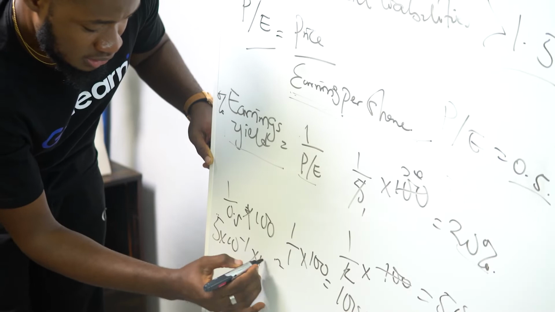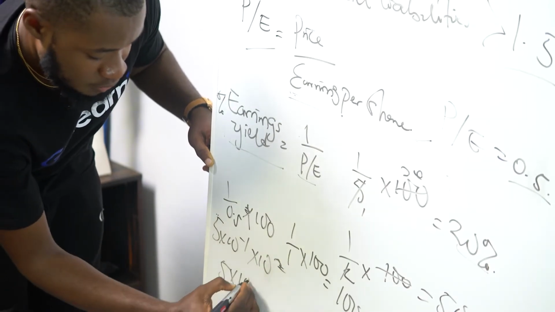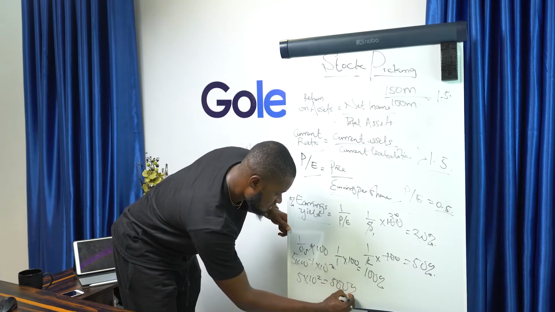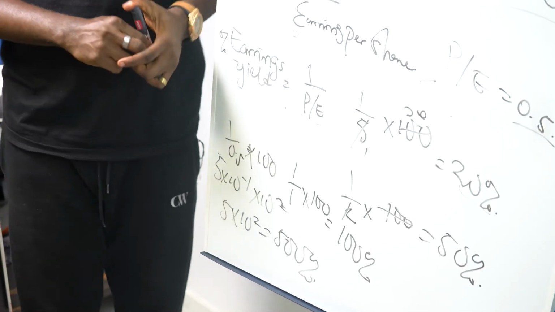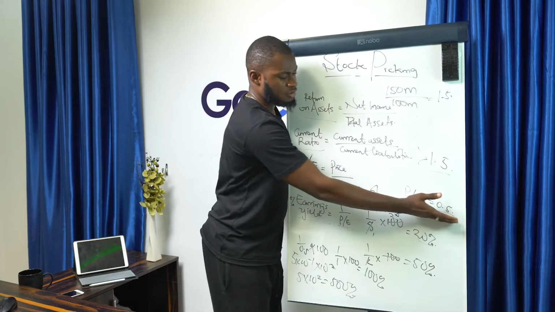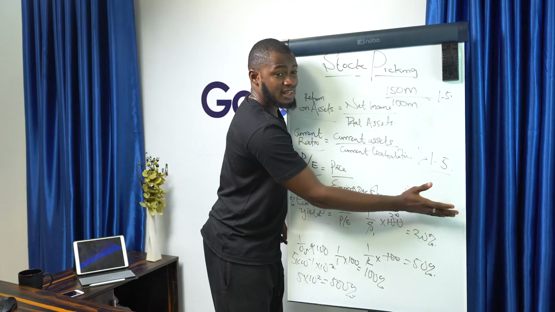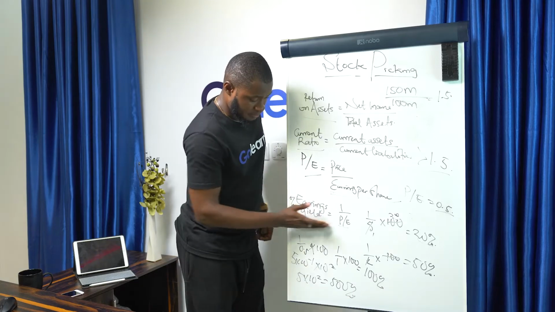So this is 5 times 10 raised to the power 2 minus 1, that is 500%. So how do you expect this? By just knowing the PE ratio, having a lesser figure, then you'll be able to know how the earnings yield will be.